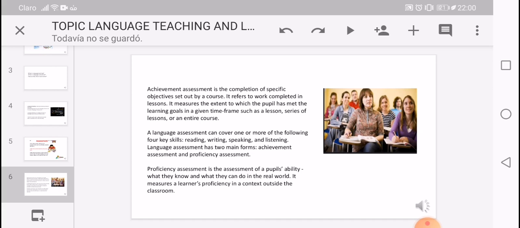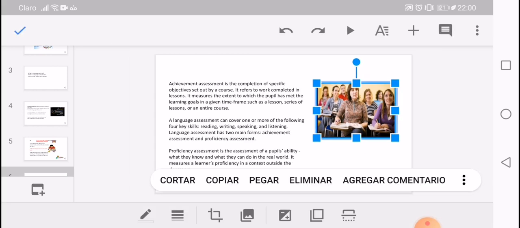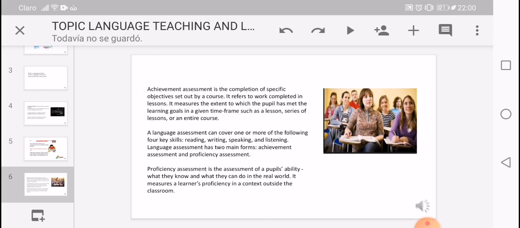Validity means that an assessment should actually assess what it is meant to assess. Reliability refers to the accuracy of the decision made from the assessment. Feasibility means that the assessment has to be practical.